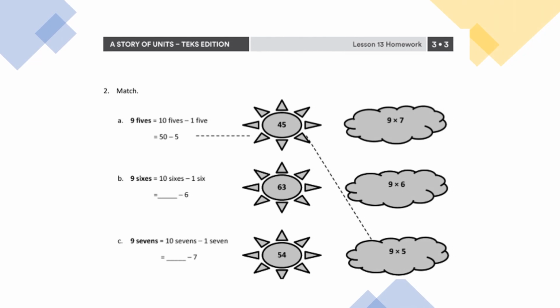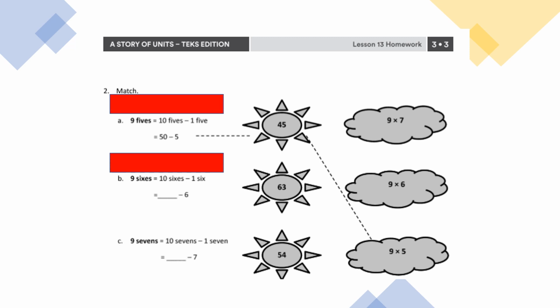All right, now here you have equations, and we have to go ahead and solve those equations and then match them to the clouds. So first we're going to write out the equations, and then after we write out all of the equations, we're going to match them to the clouds. So we're going to write them out, solve them, then match them to the clouds.